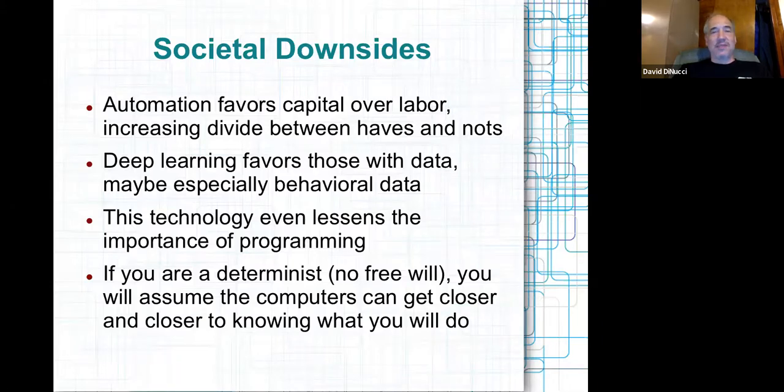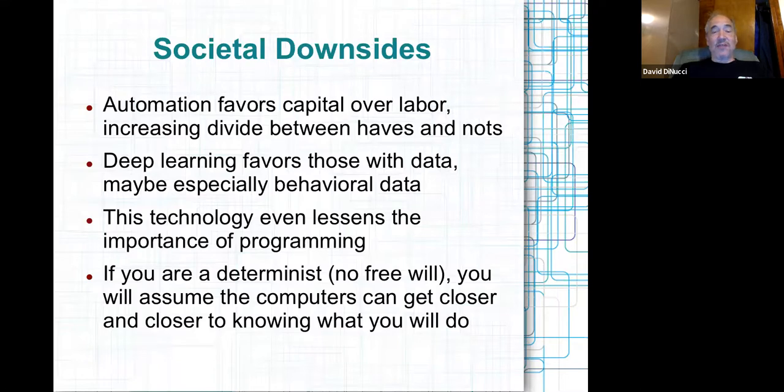So some people will say it'll increase the divide between the haves and have-nots. Deep learning favors those with the data, and of course that's places like Google and Facebook. They have the data. The guy on the street doesn't have the data. This technology even lessens the importance of programming. Even programmers may be put out of jobs by this technology.